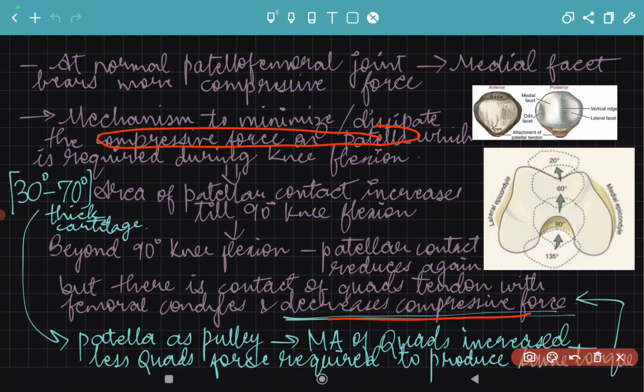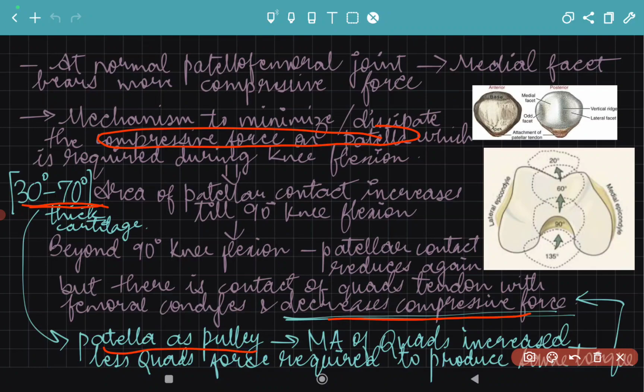Also, with this increase in the patellar contact, especially during 30 to 70 degrees of knee flexion, there is one more thing. We know that the patella acts as a pulley. It increases the moment arm of the quadriceps, so less quadriceps force is required.